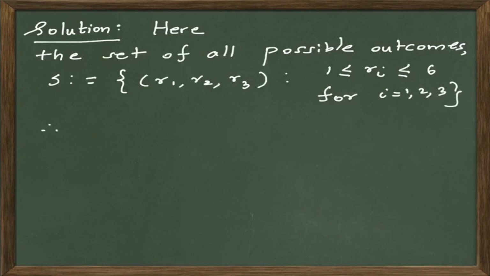Therefore, the total number of possible outcomes is equal to 6 to the power cube. Let us see how the set of all events looks like.